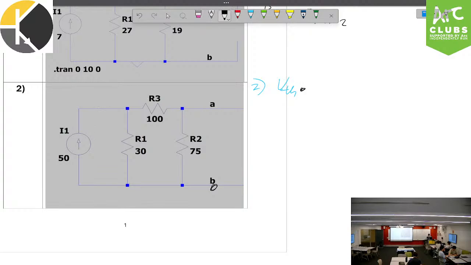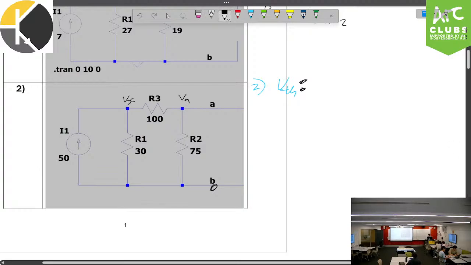So, Thevenin, let's first find VA and VB. Sorry. Let's find Vx, then VA, right? So Vx, we can calculate equivalent resistance right here, which will be 100 plus 75 parallel to 30. Okay?